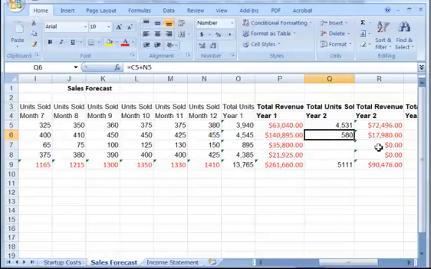Okay, so when I take this figure, total units in the first year, and I increase those total units by 15%, 1.15, this is the figure I get, $5,226.75. So I'm just going to go 5,227. I'm going to round up.